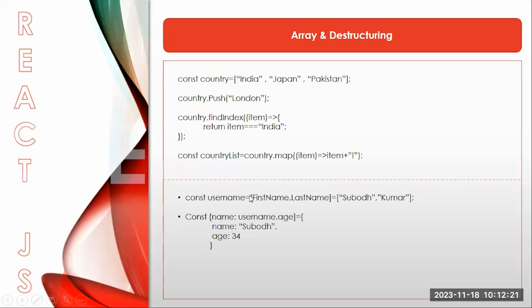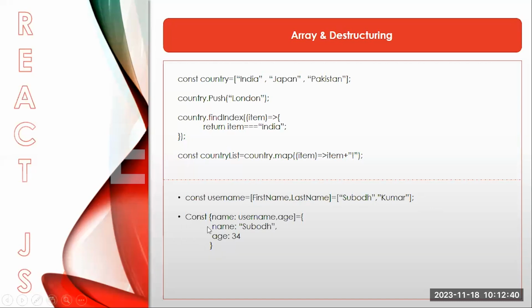So you need to create the username. Username contains two things: first name and last name, and you can pass Subodh as the first name and Kumar as the last name. So whenever you use username dot first name, we will get Subodh.